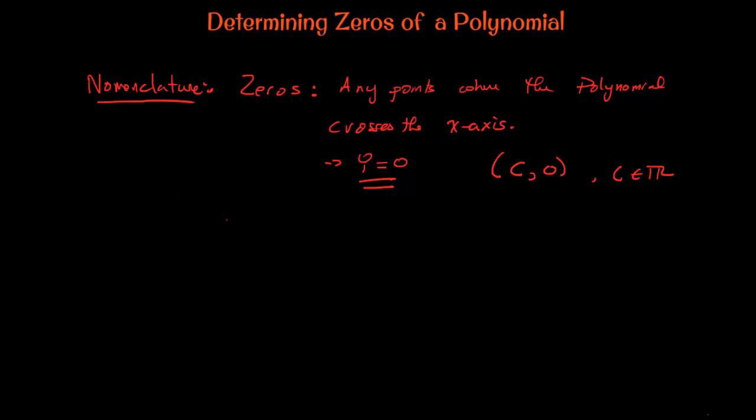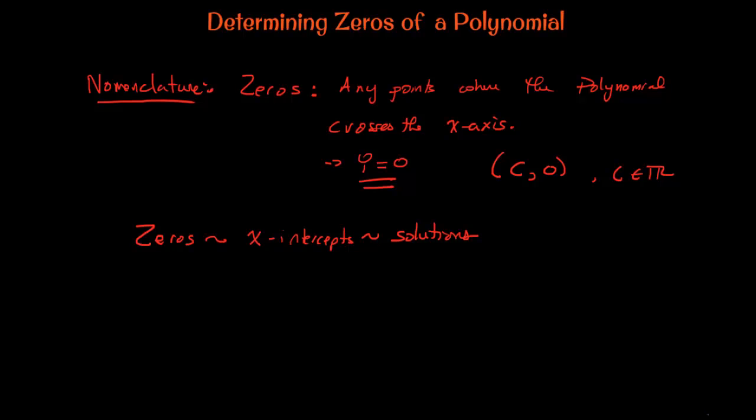So there are some other terms for zeros. For example, zeros are, I always spell zeros wrong, zeros are synonymous with x-intercepts. And these are synonymous with solutions. So x-intercepts, zeros, and solutions are all the same term.